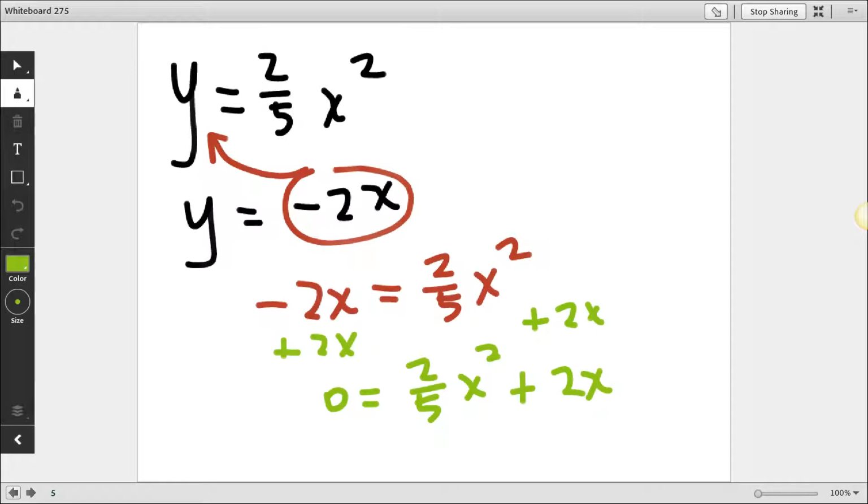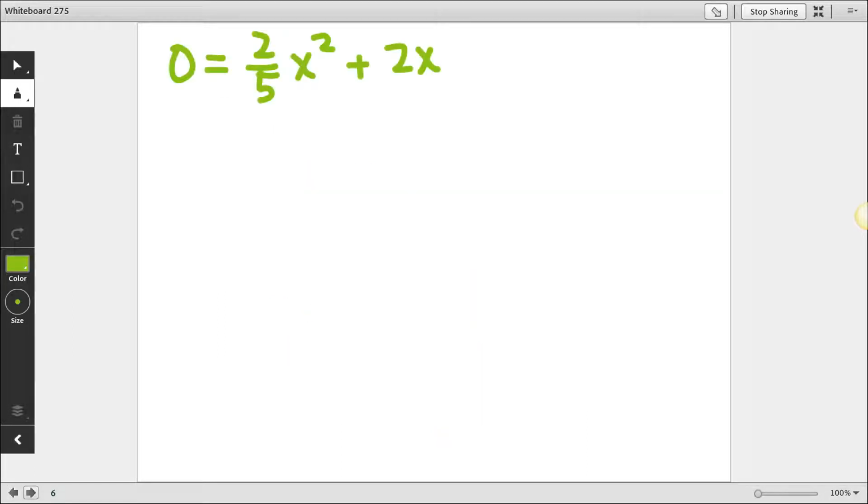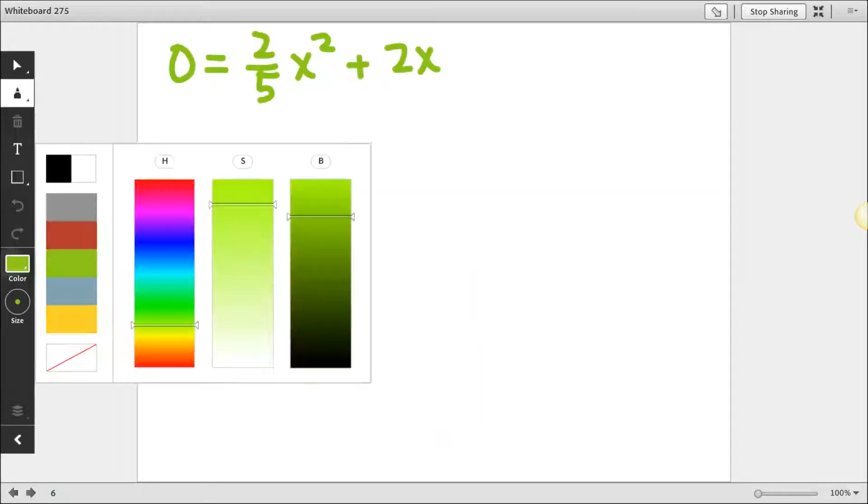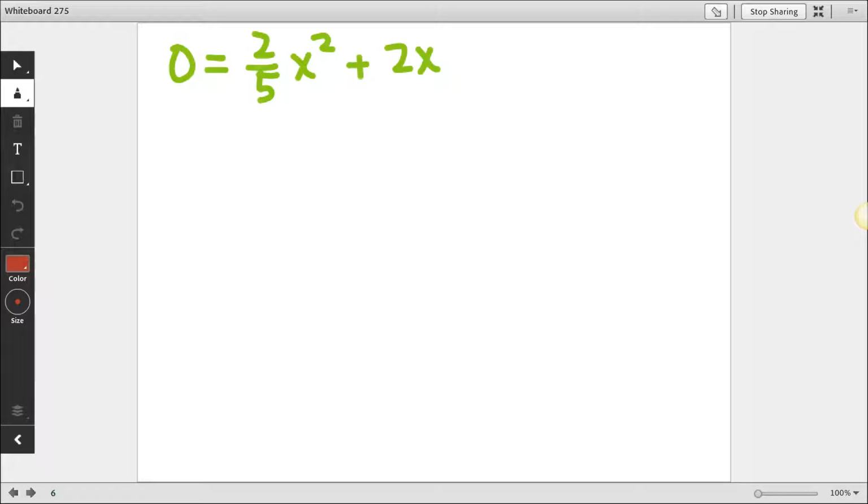I think it was. Yep. The only way I can factor here is to notice that these two things have a common term. So I'm going to factor out the common term, which is x. And so that's going to leave me with x times 2/5 x plus 2.